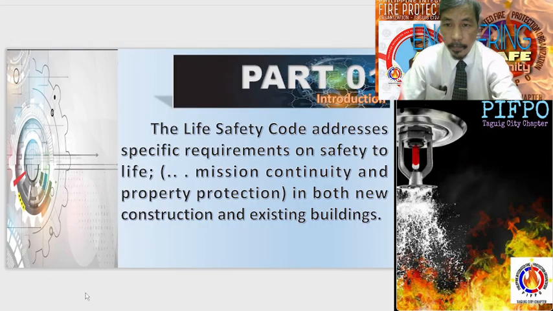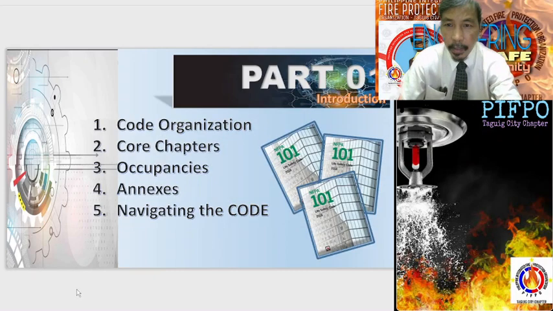Again, the Life Safety Code addresses specific requirements on safety to life in both new construction and existing buildings. We have in this Part 1, number 1: code organization, code chapters, occupancies, annexes, and navigating the code.